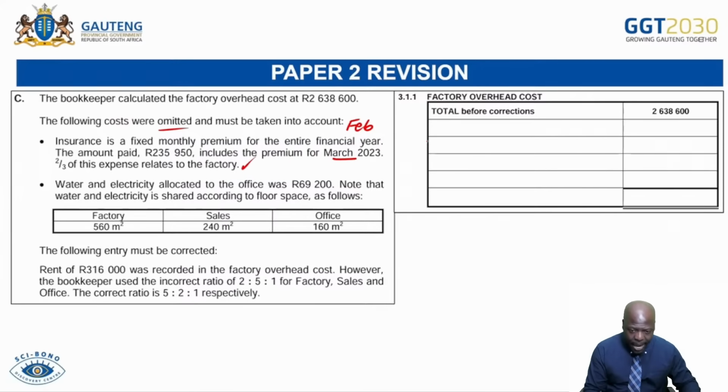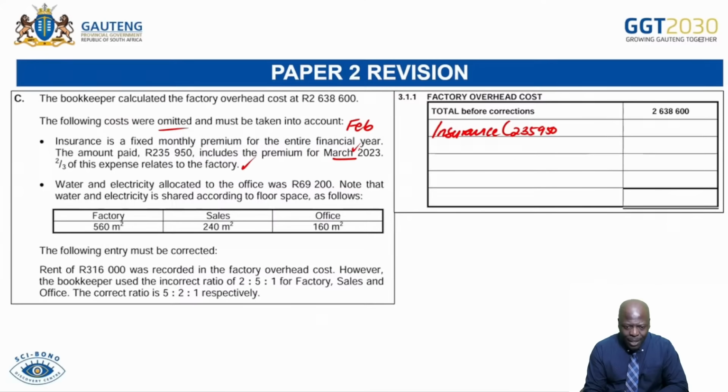So let's come here and we'll now say insurance, and then we open our brackets. How much do we have here? It is 235,950. We are told that this premium includes the month of March.